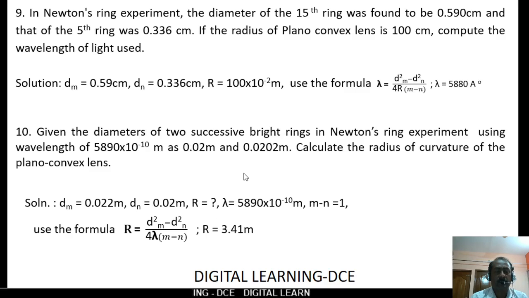For two successive bright rings, m minus n is equal to 1. Lambda is given. Substituting all the data and calculating, the radius of curvature of the plano-convex lens will be 3.41 meter.